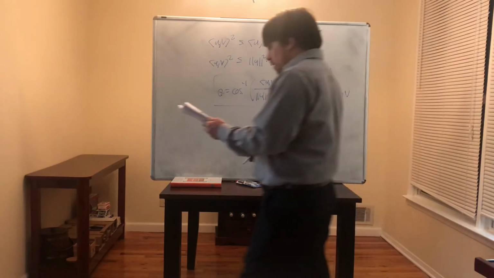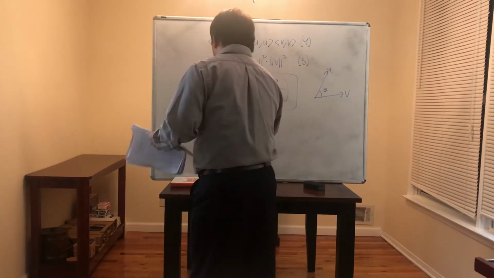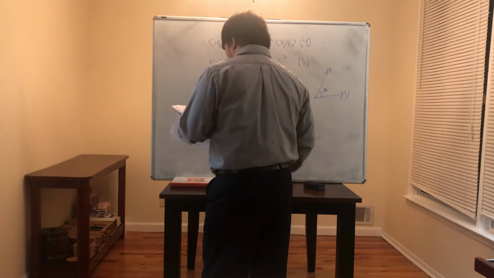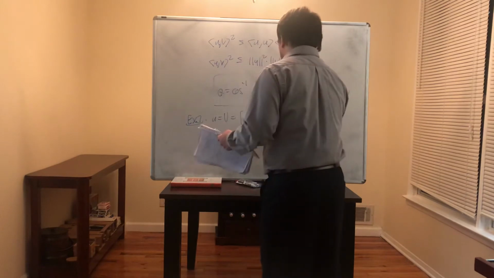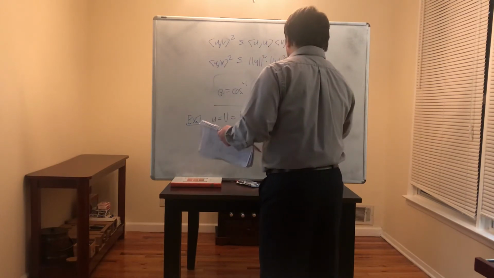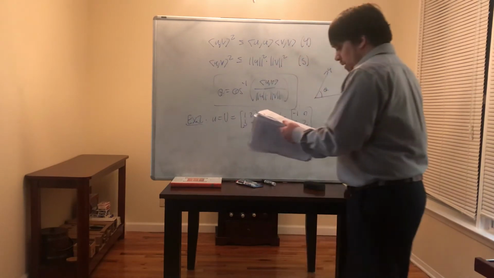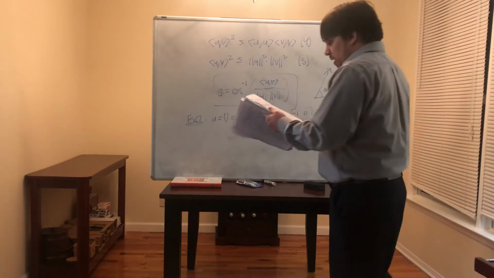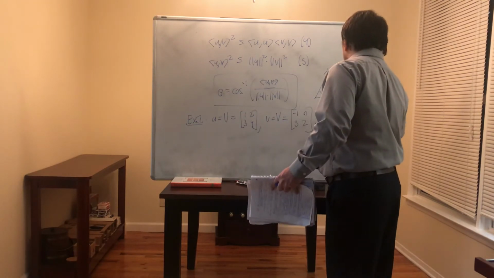Okay, example 1: if the vector u, which is the matrix capital U, is the matrix 1, 2, 3, 4, and the vector v, which is matrix capital V, is the matrix negative 1, 0, 3, 2, then let's say we want to find theta, the angle between them.